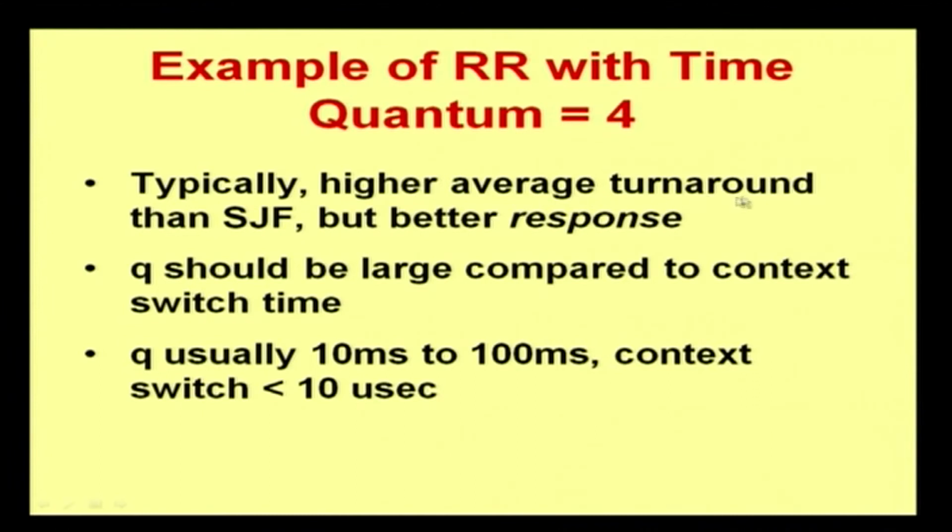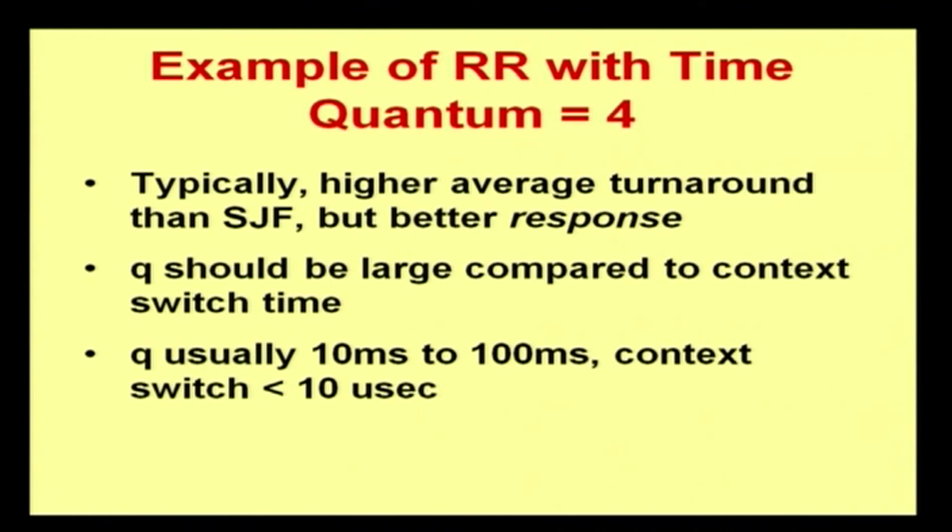Typically, a higher average turnaround time than SJF is the order of the day for round robin, but it gives a better response. Q is nothing but the time quantum. It should be large compared to the context switch time. Q is usually from 10 milliseconds to 100 milliseconds.